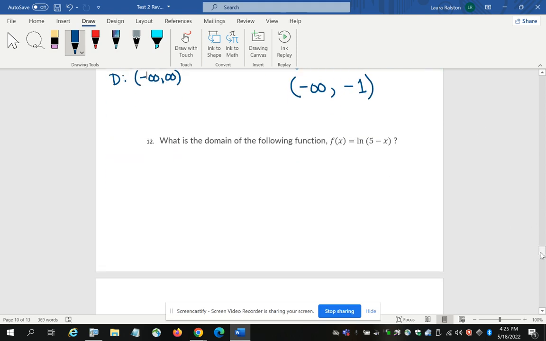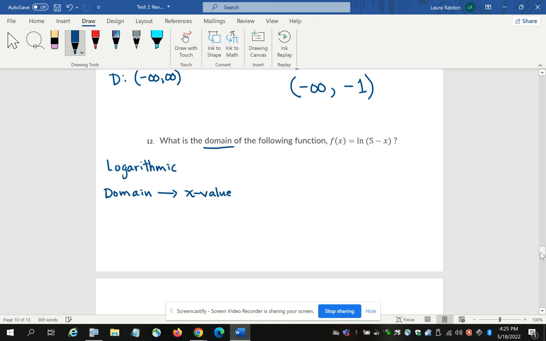Okay, number 12 asks you to find the domain of the function f of x equals the natural log of 5 minus x. Okay, so first of all, hopefully you recognize this as a logarithmic function, and you remember that the domain corresponds to the x values.